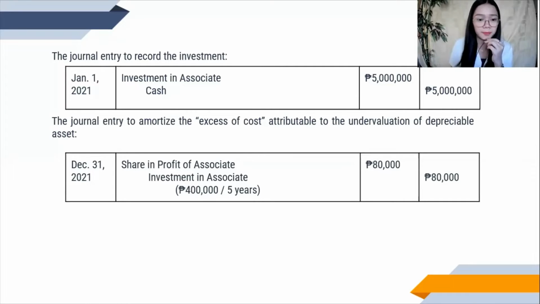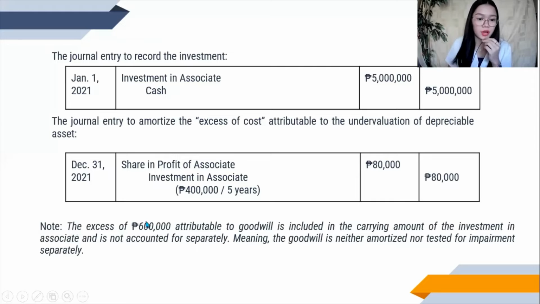So naturally, magre-result siya sa overstatement ng net income ni investee. So, kung ire-record na nila ng tama yon, mas bababa yung income ni investee, or ire-record na nila yung appropriate na amount. So, mababawasan yung net income niya, of course, kabawasan yun sa kanilang equity, kaya babawasan din natin yung investment in associate natin na account ng 80,000. So, and we debit share in profit of associate na 80,000 also.